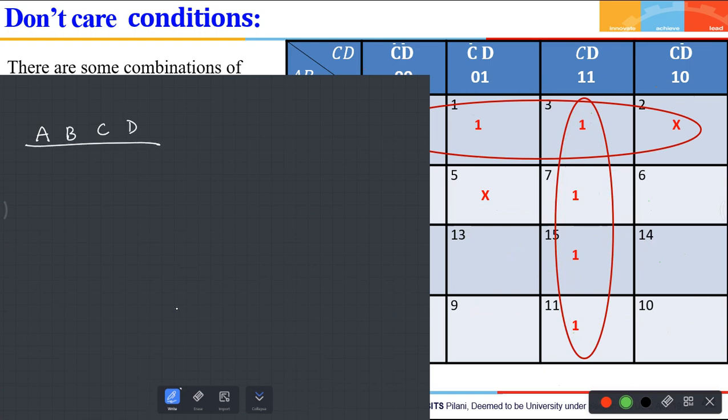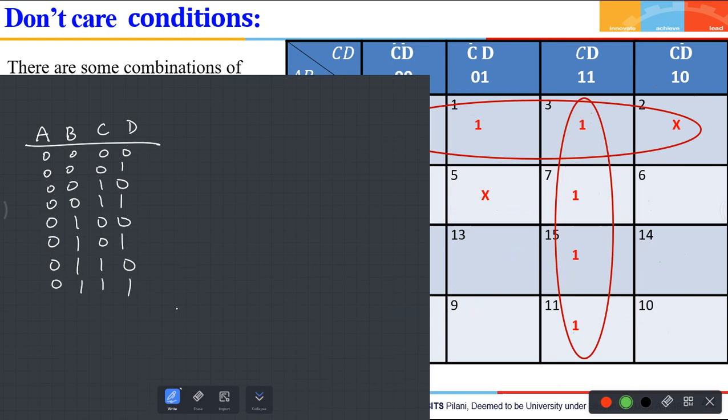So how many combinations possible? 0 0 0 0, 0 0 0 1, 0 0 1 0, 0 0 1 1, 0 1 0 0, 0 1 0 1, 0 1 1 0, 0 1 1 1.